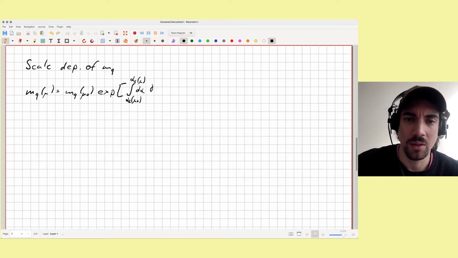So where we have the anomalous mass dimension, and again, the QCD beta function.